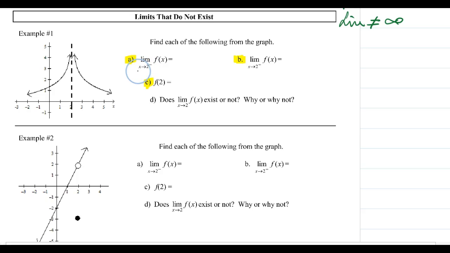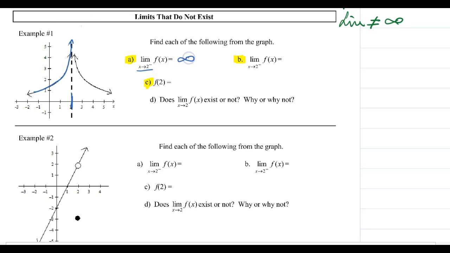Okay, so as x approaches 2 from the left, here's my 2. I identify that. I approach it from someplace left of it, and I find I am going up. I'm approaching this asymptote. Asymptotes mean infinity. And in fact, I find I am going up. So the y value, I never really come close to a stop. My y value is increasing infinitely.